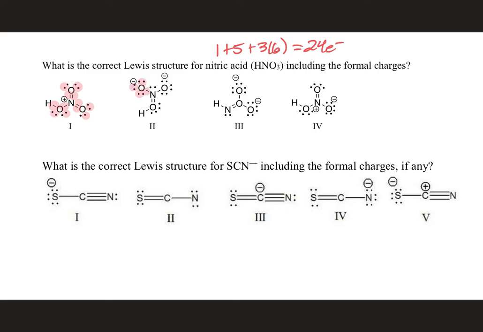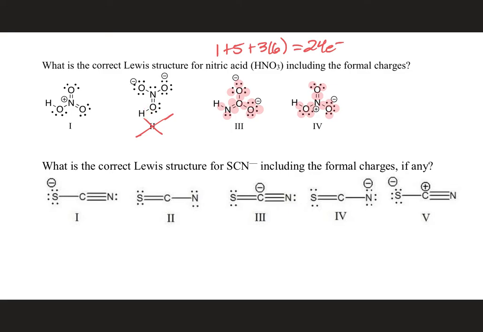And for another one, 26, 28. So no. Another is 24, and another is 24. All right, so just by counting, we could eliminate at least one of the options there.